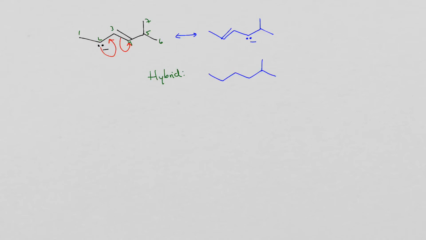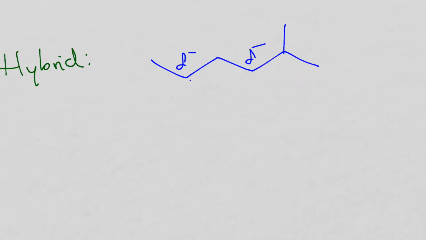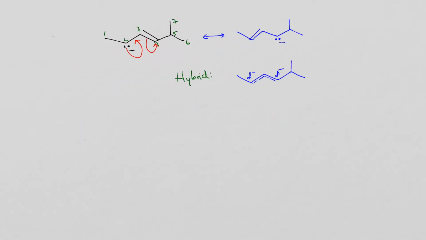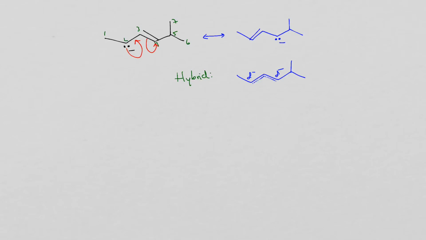So we can write in partial negatives, and we can draw in those partial bonds as they are between carbons 2, 3, and 4. So, just a second example for an allylic lone pair. Actually, let me give you a second to get that all written down.